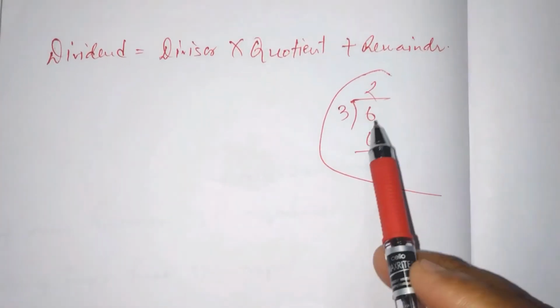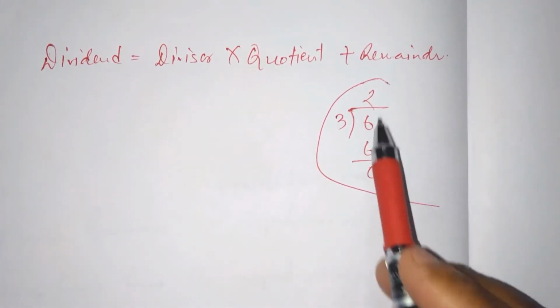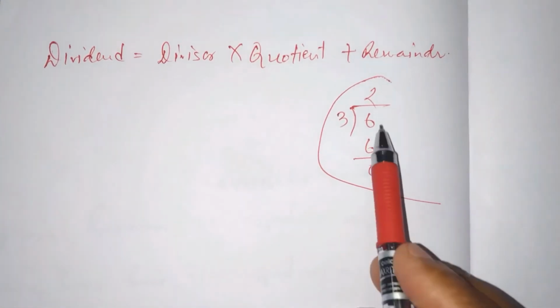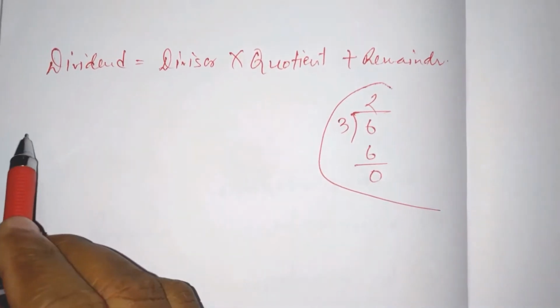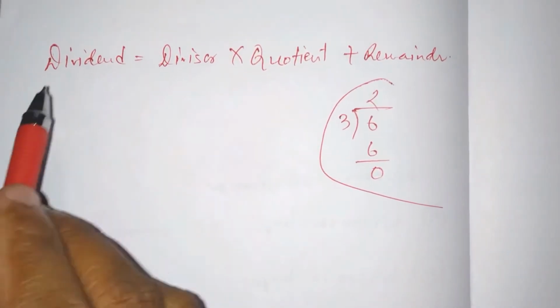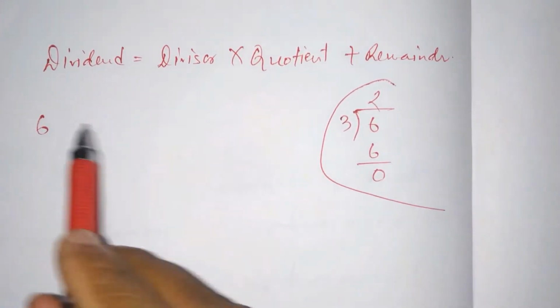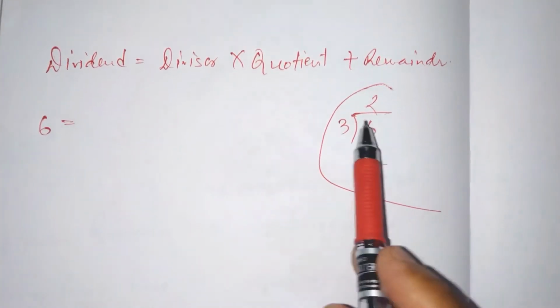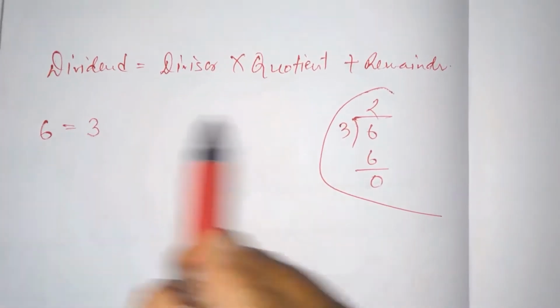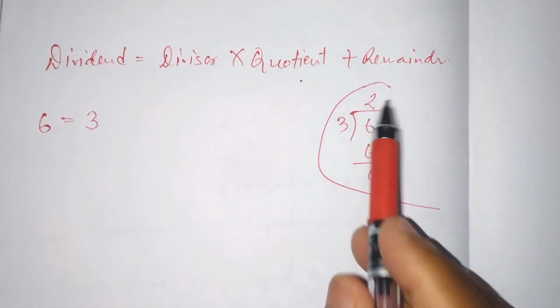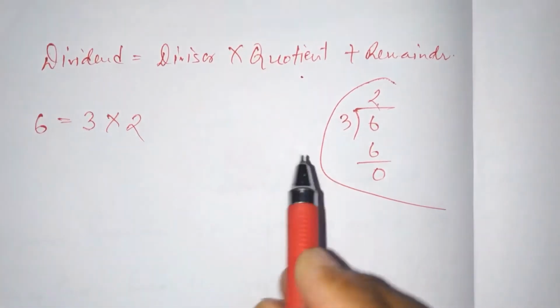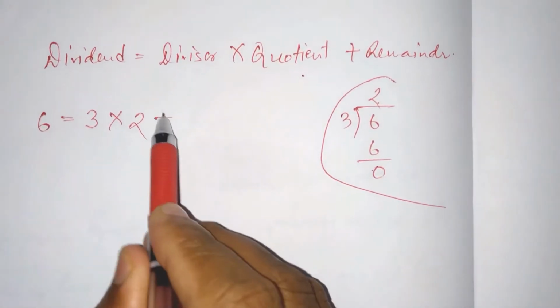Okay. So for this division, let's verify this formula. Here we know this 6 is the dividend, so in place of dividend I'll write 6. Then is equal to, then divisor is 3, I'll write 3, quotient is 2, isn't it? So I'll write into 2. Then remainder is 0, plus 0.